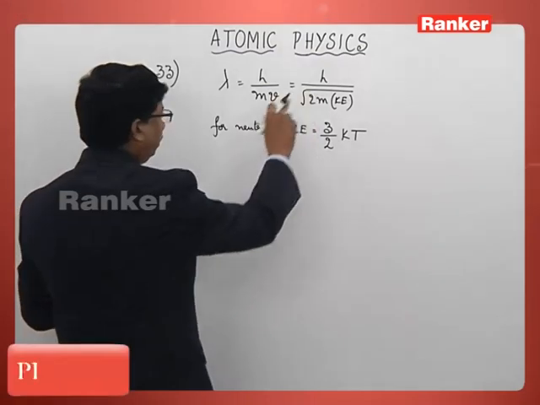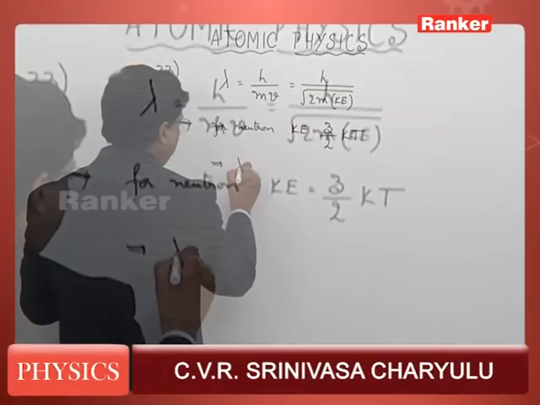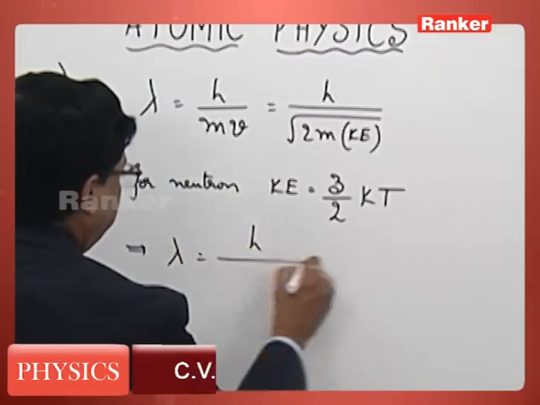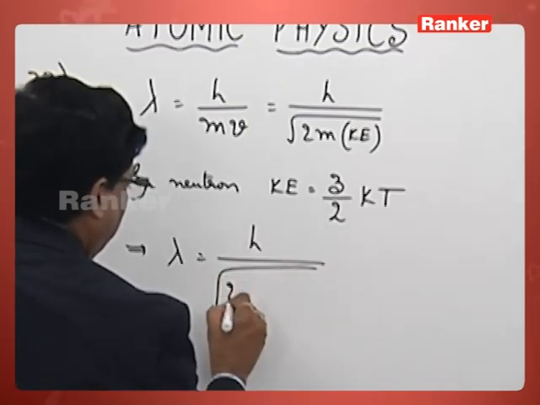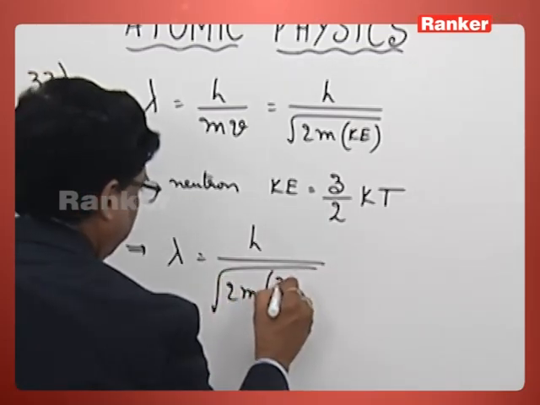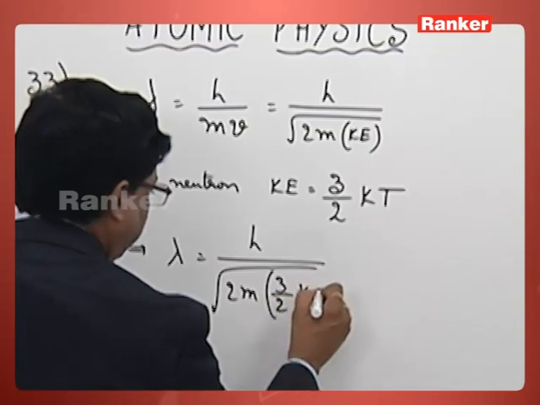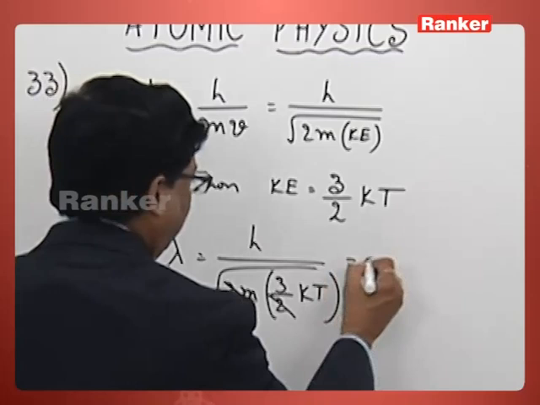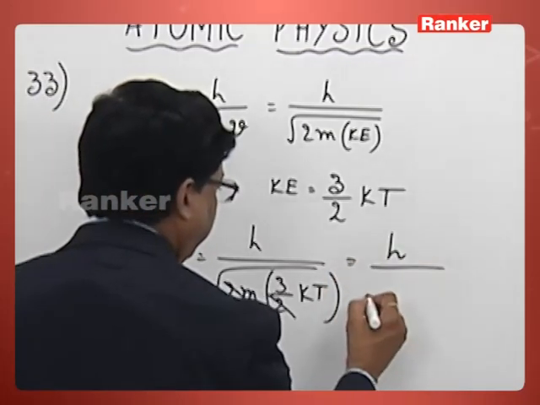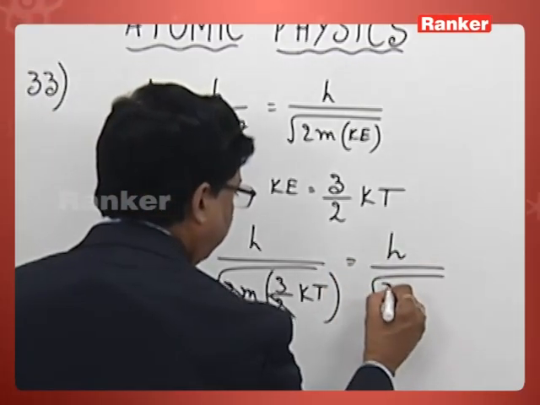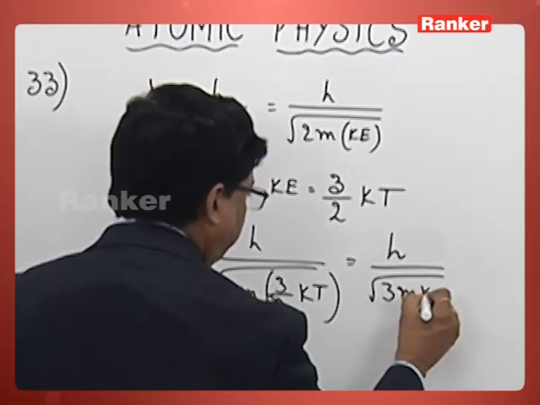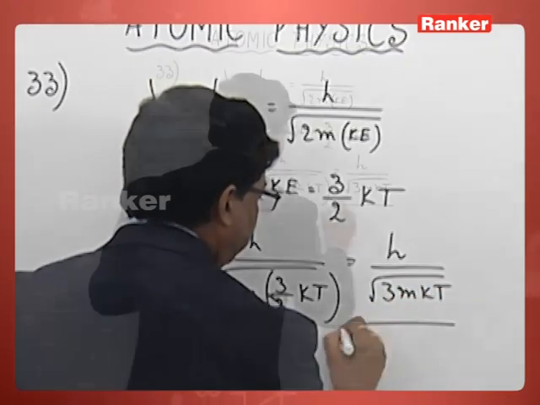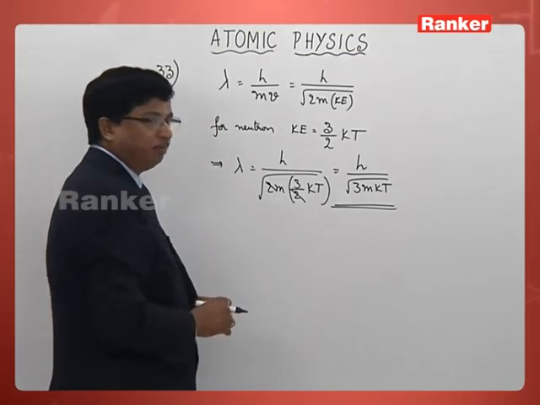So substituting that over there, lambda will be h by under root 2m into 3 by 2 kT. 2 gets cancelled. What is now left over? h divided by root of 3m kT. That must be the correct formula.